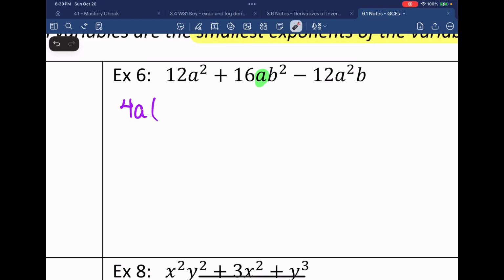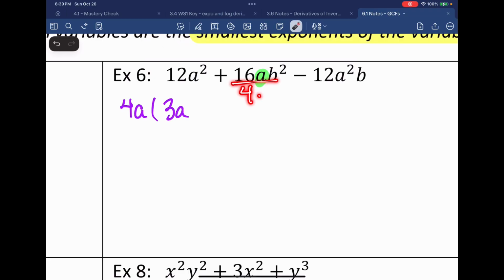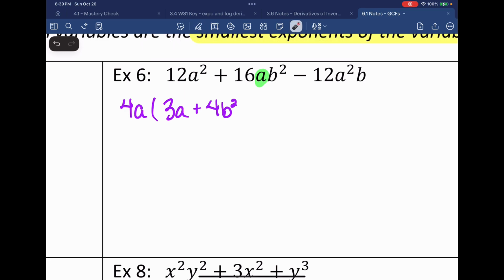All right, so 12a squared by 4a. So 4 goes into 12 3 times. That's a to the 1. So 3a. Four goes into 16 4 times. A cancels a. So 4b squared. So 4 goes into 12 3 times. That's a to the 1. So subtract.